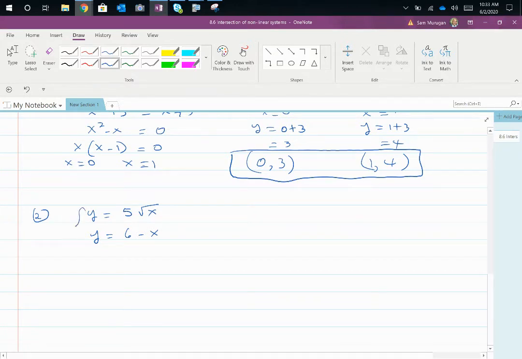So in this system, this is the square root of x. This means that x has to be a number that is greater than or equal to 0, because we can't find the square root of a negative number.